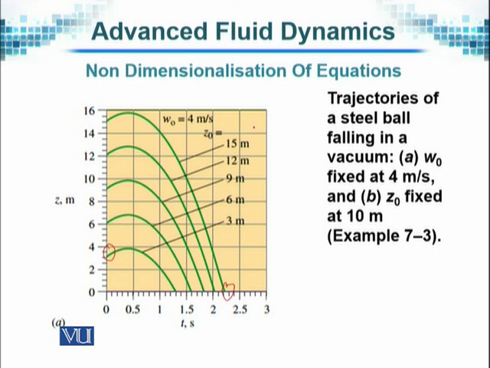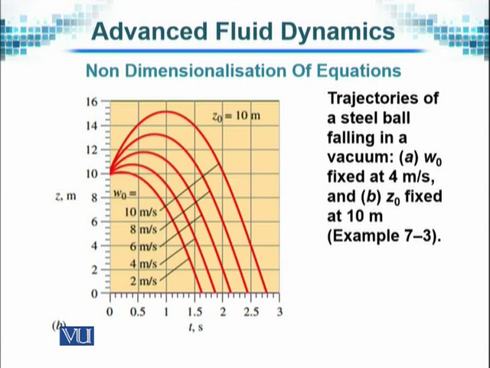So that problem was tackled in a slightly different way. Here the height is kept fixed, but the velocity is changing. And then we see the trajectory as this.